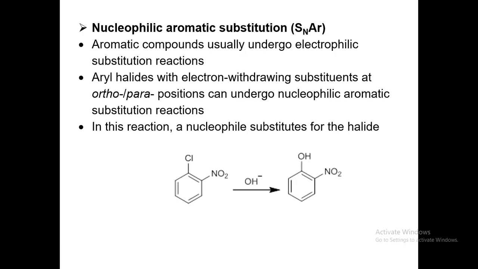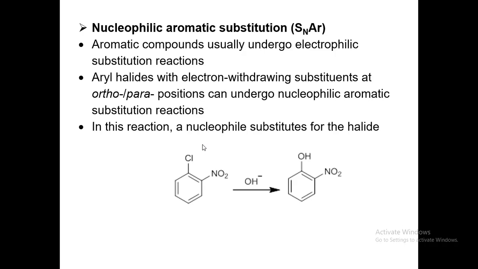An aryl halide is a benzene ring, the most common example I can give, with a halogen on it. Very simple. Now, that is not the only criteria. The aryl halide should have an electron withdrawing substituent. And these two are not the only criteria. The last one is that the electron withdrawing group should be at the ortho or para position. Very important. You have to meet all these conditions before you can undergo a normal nucleophilic reaction.